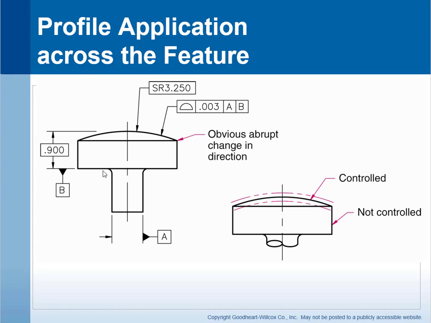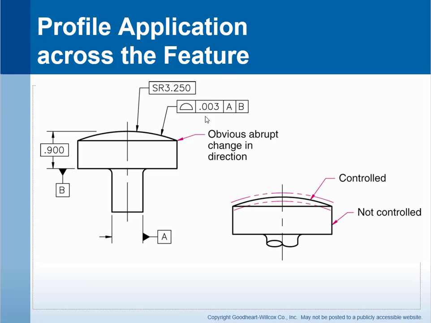Okay, so in which case here we have datum A, which is a feature of size. We have a basic dimension here, which gets us from datum B up to the top of this spherical radius. And then we have a profile tolerance of 3 thousandths. What does this mean?